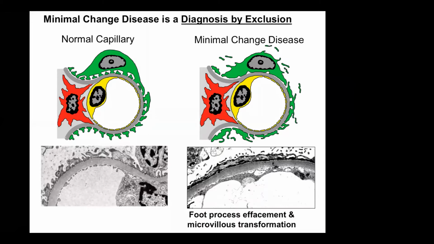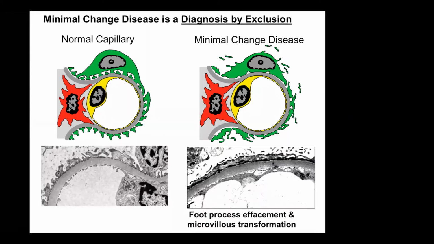Sometimes it will need steroids, unless it is steroid resistant, that's another matter. But focal segmental glomerulosclerosis: part of it will resolve by itself, 30% can be persistent, and 30% can lead to end-stage renal disease.